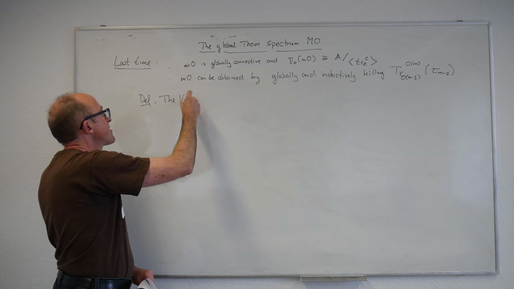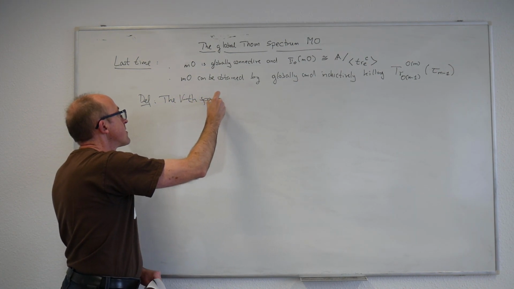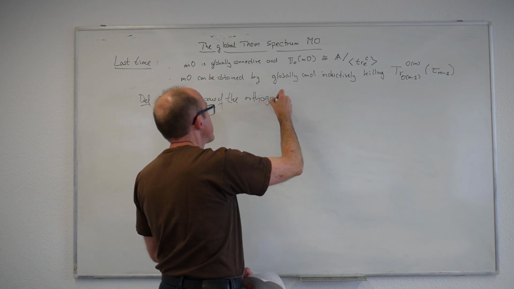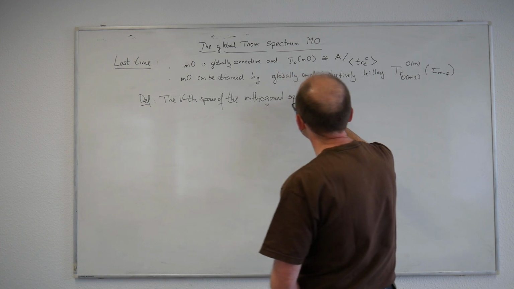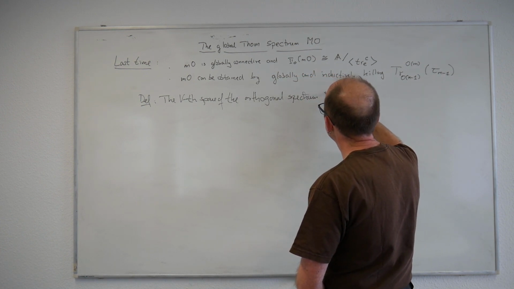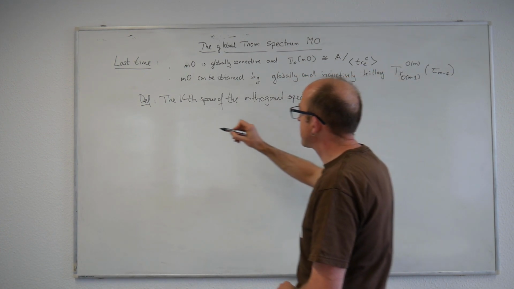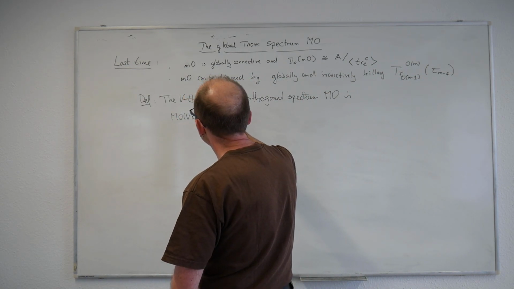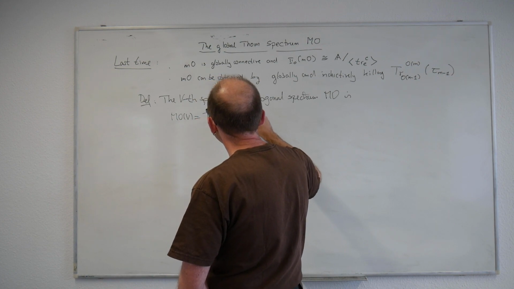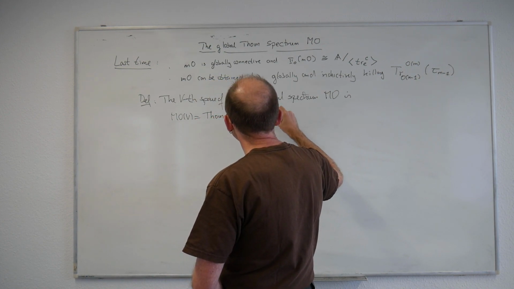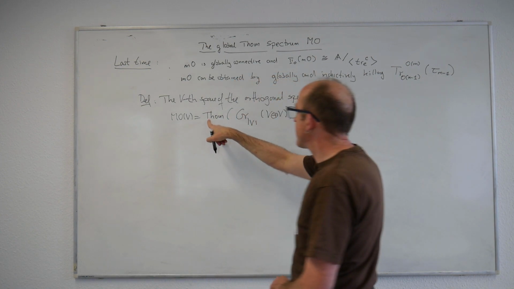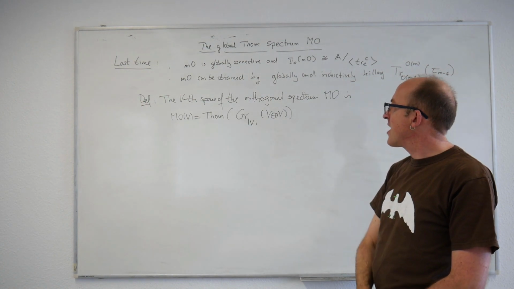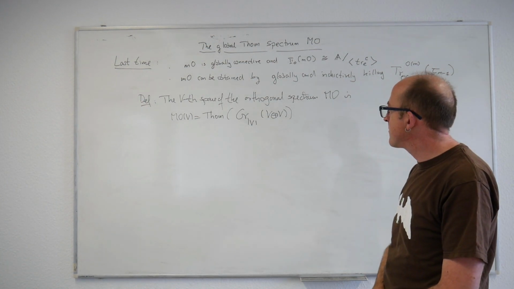The Vth space of the orthogonal spectrum capital M capital O is again a Thom space. MO(V) is the Thom space of the Grassmannian of V-planes in V plus V. So again, Thom is referring to the tautological dim V plane bundle over this Grassmannian.